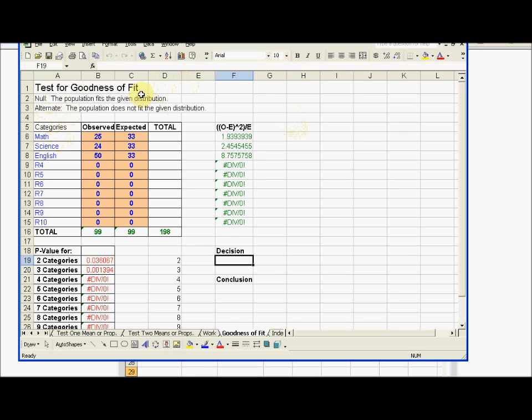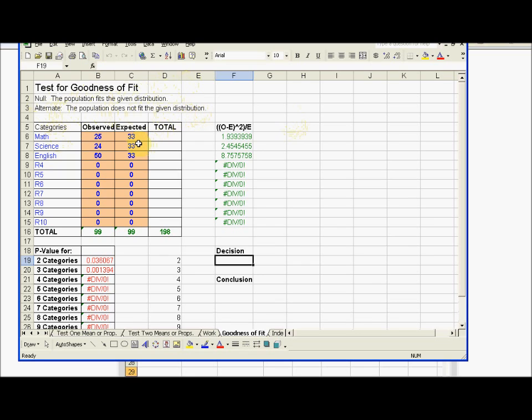It has opposing hypotheses, but they're in words, they aren't symbols, because this is a non-parametric test, meaning we're not trying to guess about a parameter like a mean, mu, or a proportion, pi or p. So the null hypothesis is that the population fits the given distribution, and I'll talk about that in just a second. And the alternative hypothesis is that the population does not fit the given distribution.